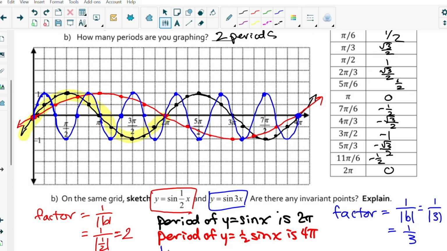So does this make sense? Period of y equals sine of 3x is, what do you predict? If it's a factor of 1/3, right?